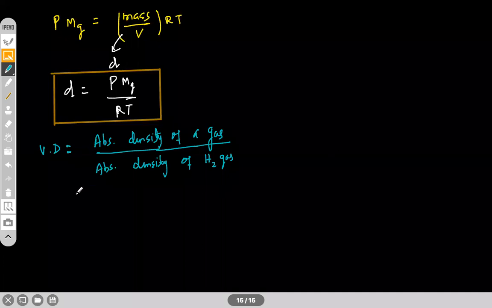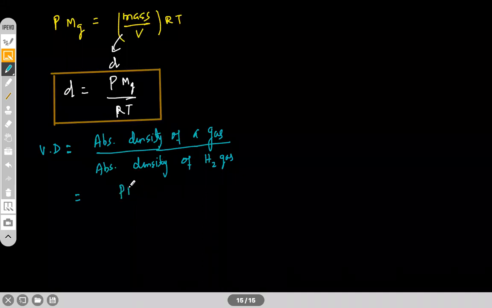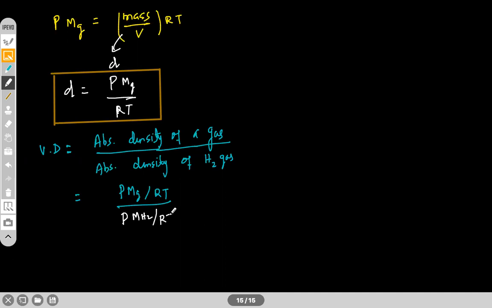With the help of this formula, the absolute density of a gas is P into molecular mass of the gas divided by RT, divided by, for hydrogen, P into molecular mass of H2 divided by RT.